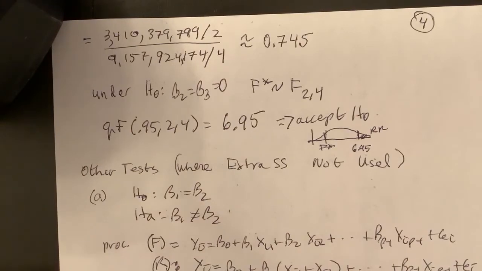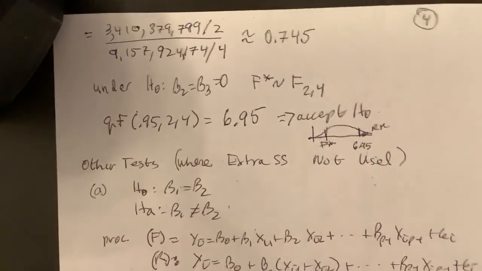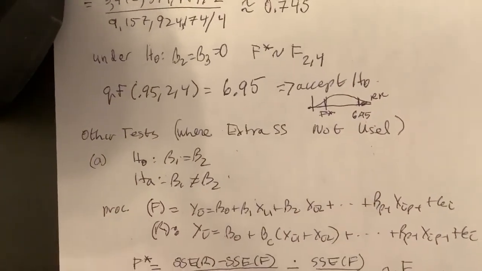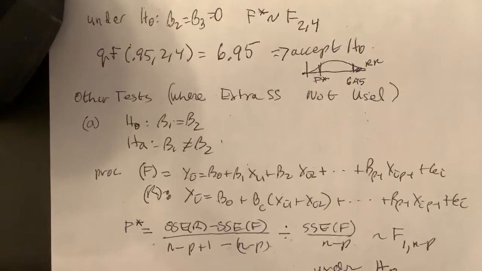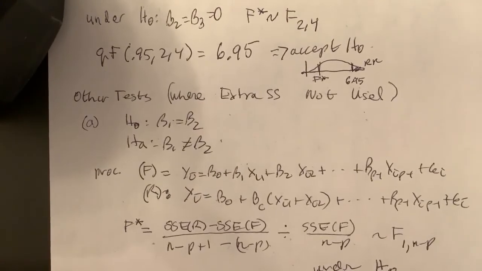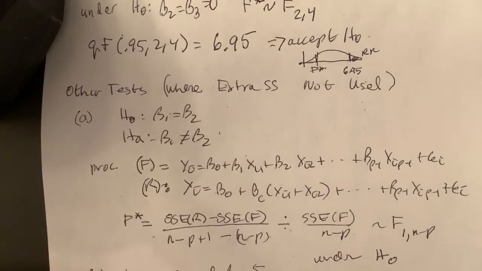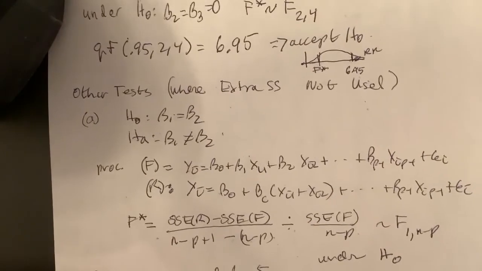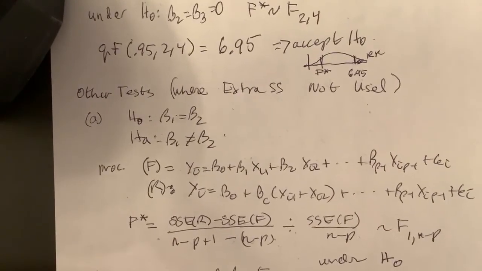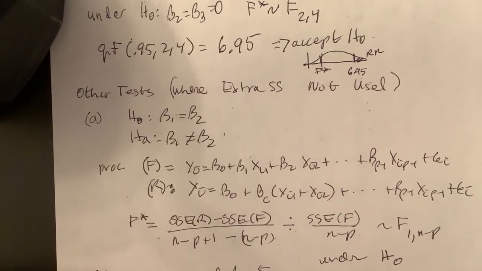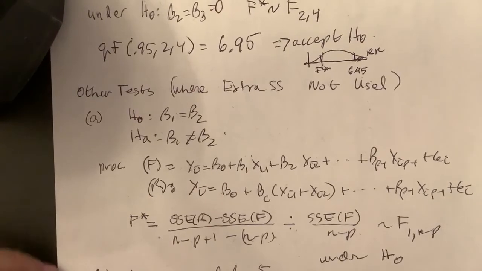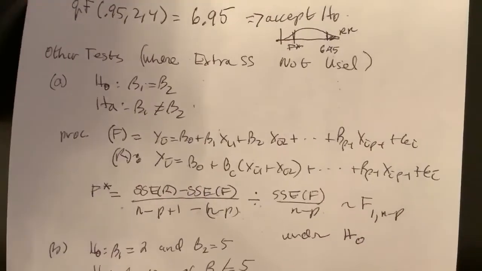Okay, other tests. Not every test is extra sum of squares, even though you might get excited and think every test is. Consider, for example, the following test. Maybe I have 2 predictors, and I want to test whether beta 1 is equal to beta 2 or whether they're not equal. I mean, this might seem strange.